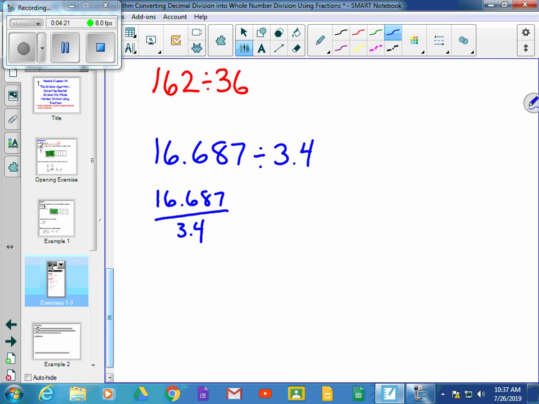I cannot have this denominator, or this divisor, be a decimal. So I'm going to multiply it by 10. That moves it one place to the right, giving me 34. Here's the key. I've got to do the same exact thing to the top number. I can only multiply it by 10, moving that decimal point one place to the right.